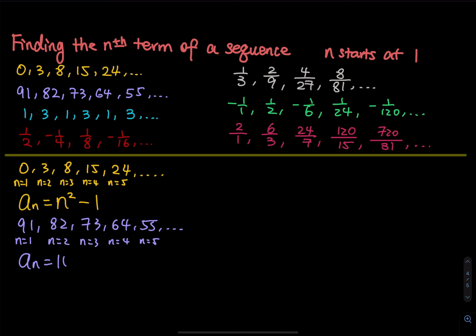This one is 100 minus 9 times n. So when n equals 1, 100 minus 9 is 91. When n equals 2, 100 minus 18 is 82. See? It's unpredictable, right? Can you figure this out in the middle of an exam? When the time is very tight, if you want to do it fast and accurate, then you need a lot of practice.